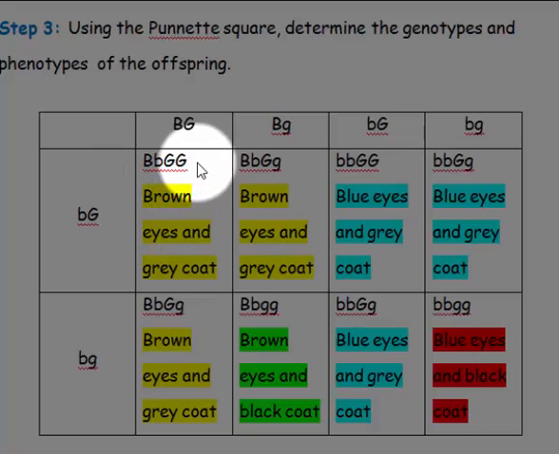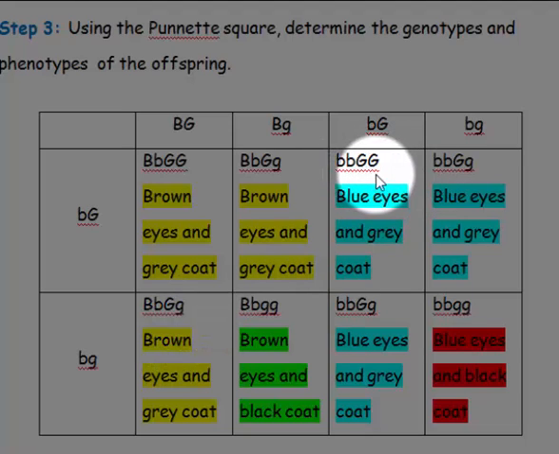So here we have a genotype capital B, lowercase b, and 2 capital G's. So the phenotype will be brown eyes and gray coat. Likewise, the phenotype for this and this will also be brown eyes and gray coat.